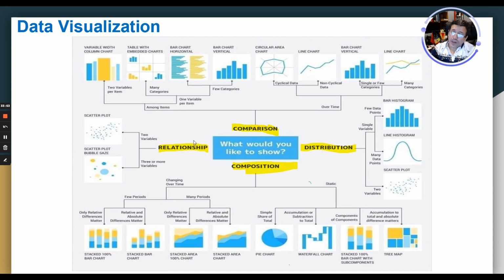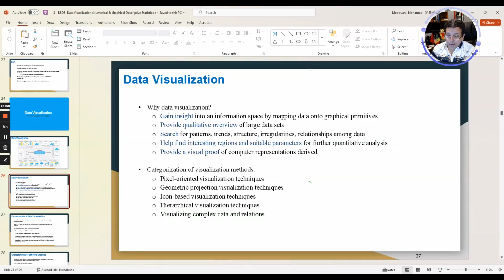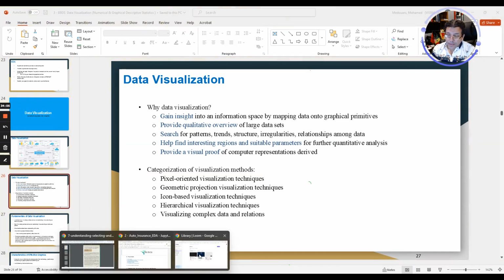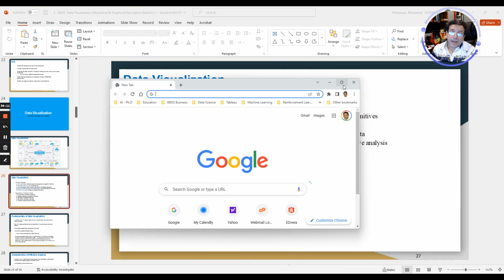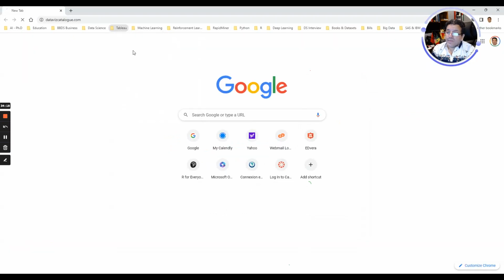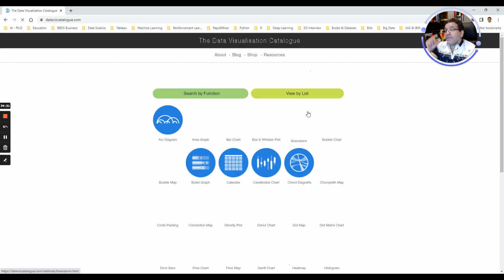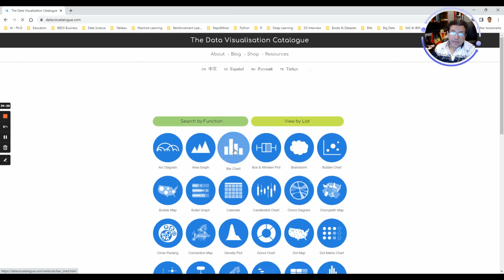There are many graphs that you could use, but it depends on the type of the data. So you could use the bar plot for categorical data.